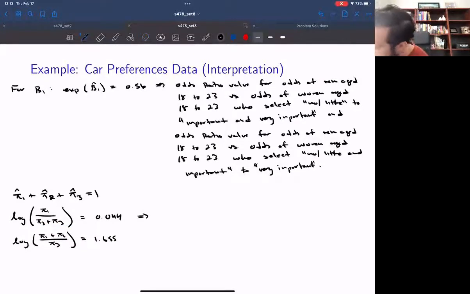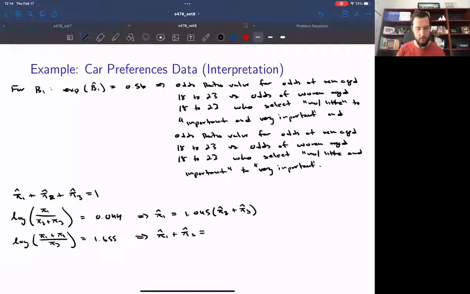From this one, pi hat 1 is equal to 1.045 times (pi hat 2 plus pi hat 3), and from this one, pi hat 1 plus pi hat 2 is equal to 5.233 times pi hat 3.